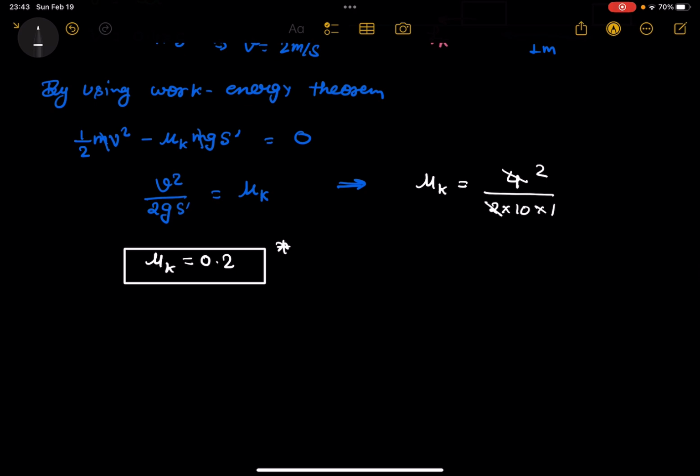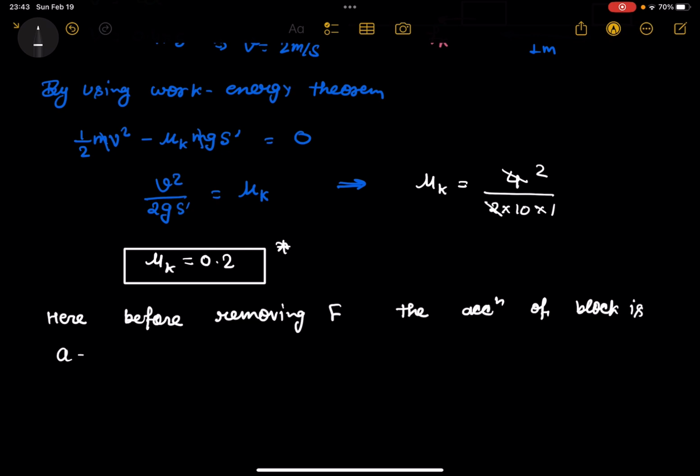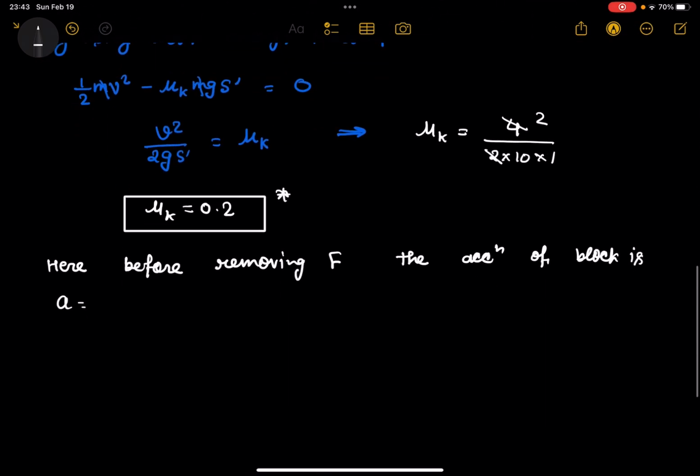As we know, before removing the force, before removing capital F, the acceleration of the block is a equal to 0.4. It is nothing but F minus Fk by m.